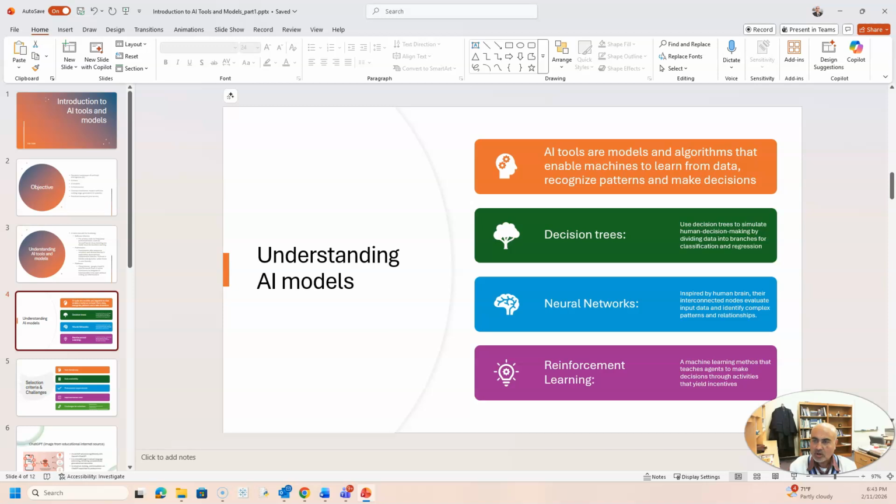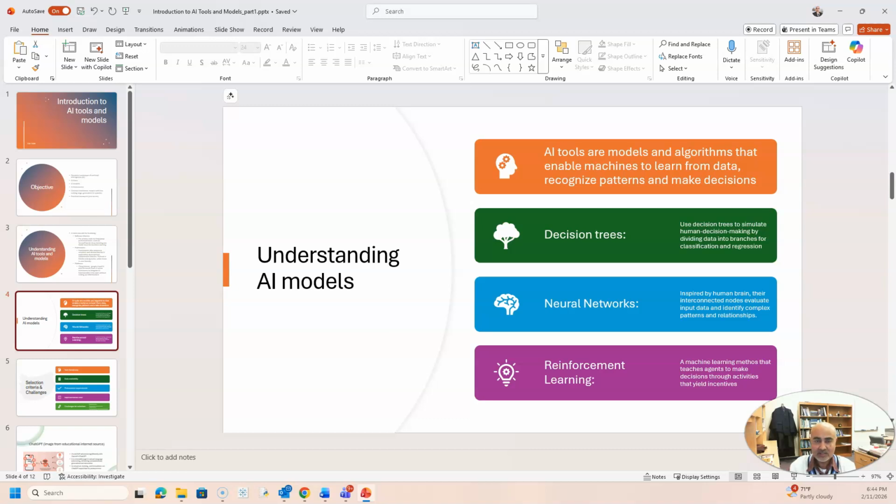When we talk about reinforcement learning, this is a machine learning method that teaches agents to make decisions through activities that yield some incentives. Now, these are the models that you will be hearing as you choose these individual applications.